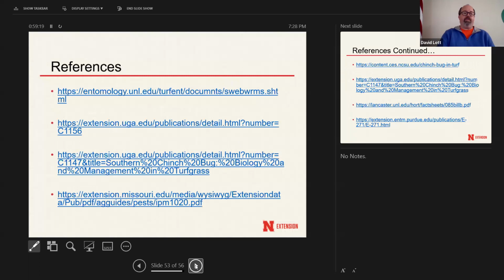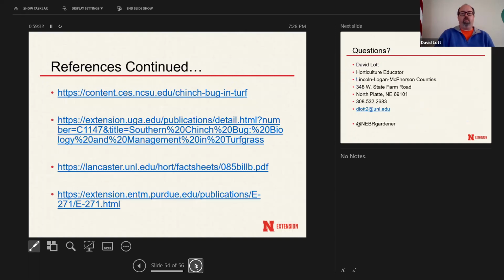So here are the references from the different publications that I used. Some of those are on the website that I posted for you. And so you can look at them, and there's some good information above and beyond what I have taught in tonight's presentation. But I wanted to pick the best things out from each of them and show you, so you can go back and look for them.